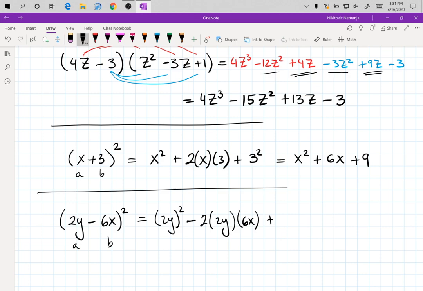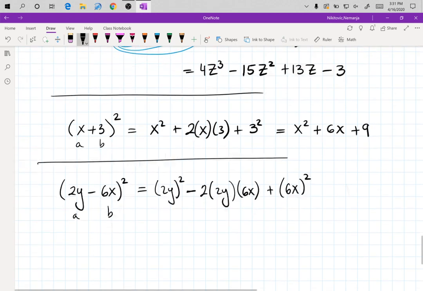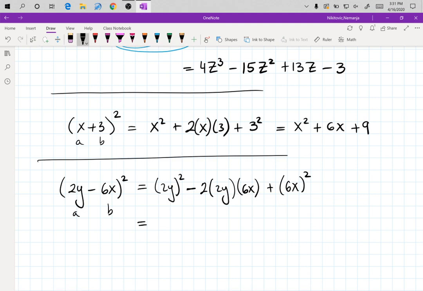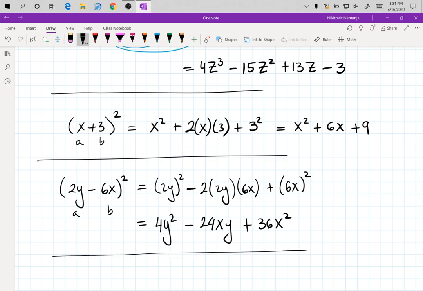And then finally I have plus b squared, which is 6x squared. And I just need to clean it up. 4y squared minus 24xy plus 36x squared. Problem solved.